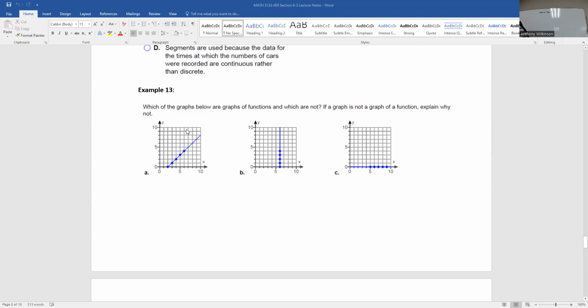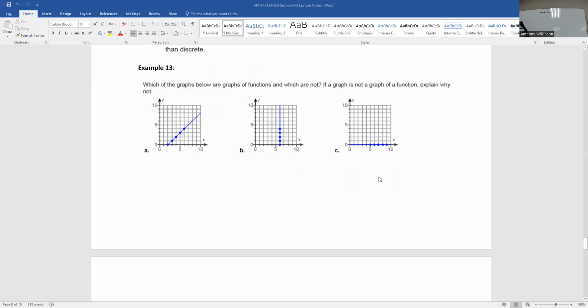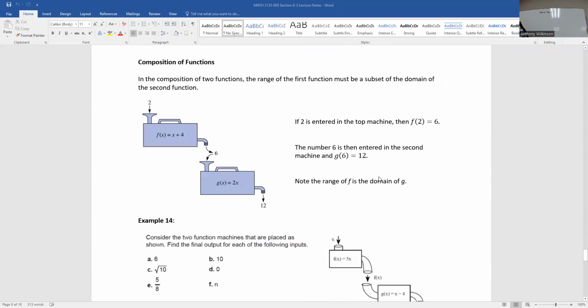So that would be a function, and the same thing holds true for C. It would only cross the graph at only one place. Okay, questions on that? Okay.